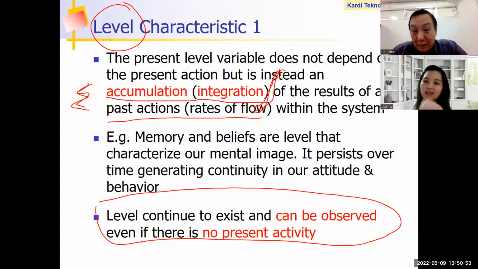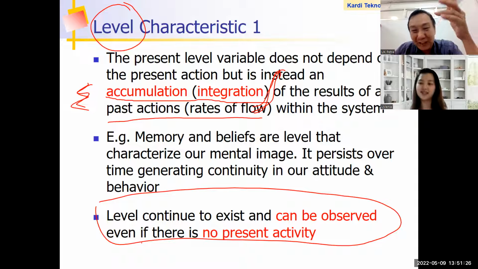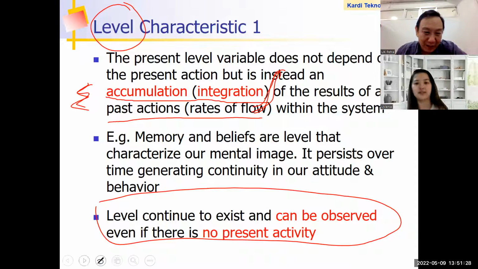Correct. Reputation is a level because it continues to exist even if you don't do anything. If there is no external or internal action, that level will continue to exist at that level. It does not change. So that reputation is a level. That is easy to see.